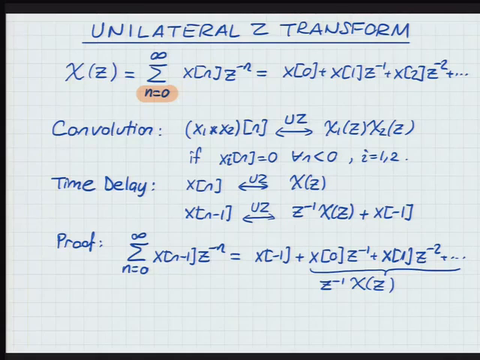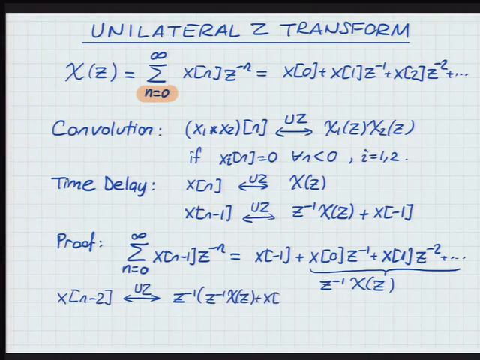So we can apply this property repeatedly, and then we can derive an expression, for example, for x of n minus 2. X of n minus 2 means you took x of n minus 1 and shifted it by 1 more, right? So therefore, it's going to be z inverse times the z transform of x of n minus 1, which is what we have from the expression we just derived: X of z plus x of -1.